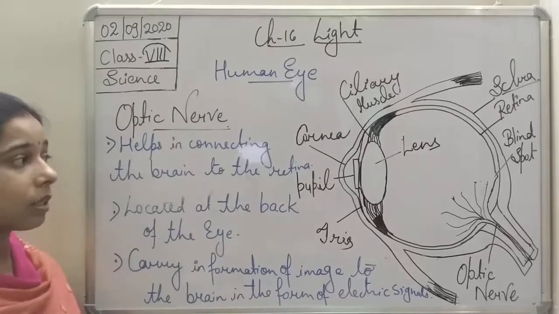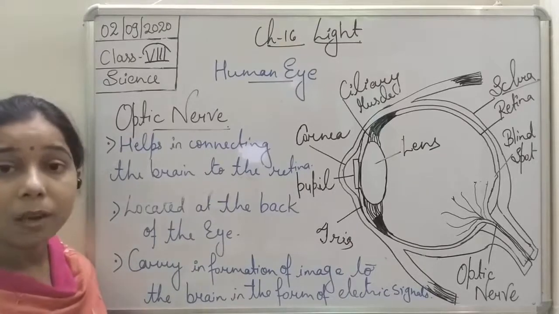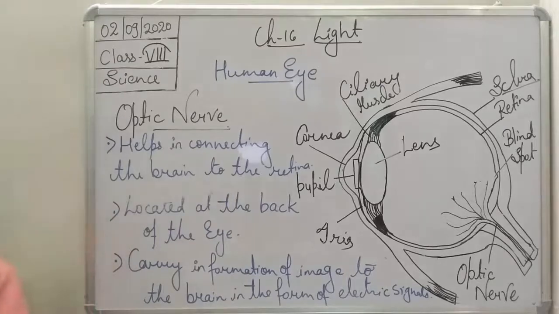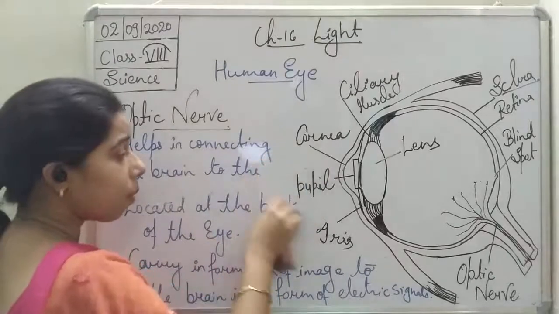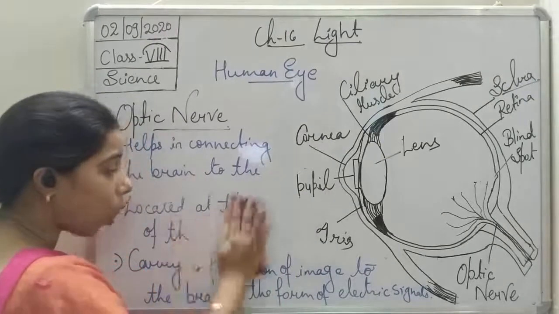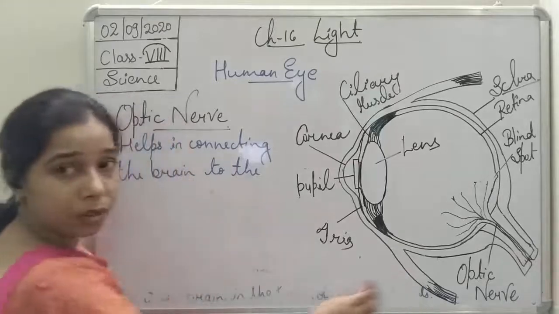Now we have discussed each and everything except one term, and that is the blind spot. So you see here, students, blind spot. You can see a spot which is present at the bottom of the retina, that is known as the blind spot.